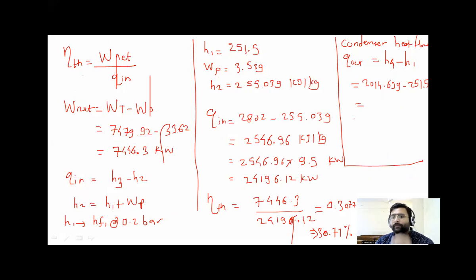Calculate this one. It is 1763.139 kilojoule per kg.